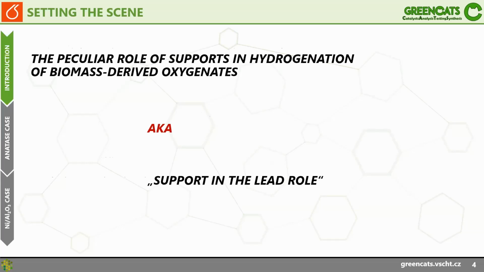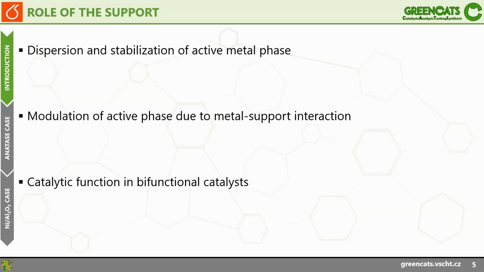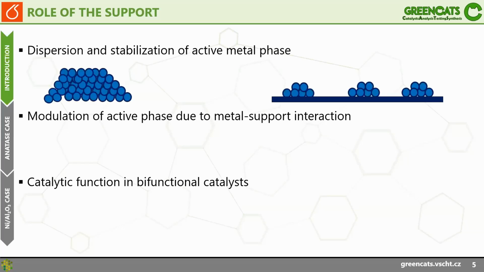First, however, I will touch upon some introduction. What I have here is, as we say, a translation from the Czech: bringing the wood into the forest, right? You all know about this. Of course, we need the support to have dispersion of these metals, and this would be a schematic representation.